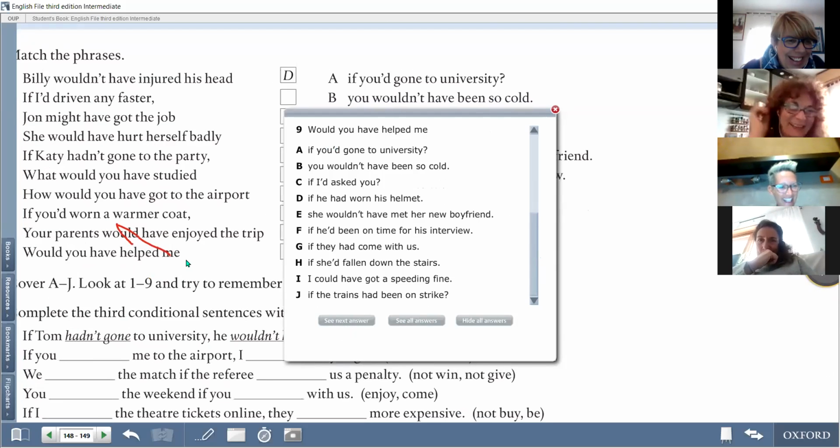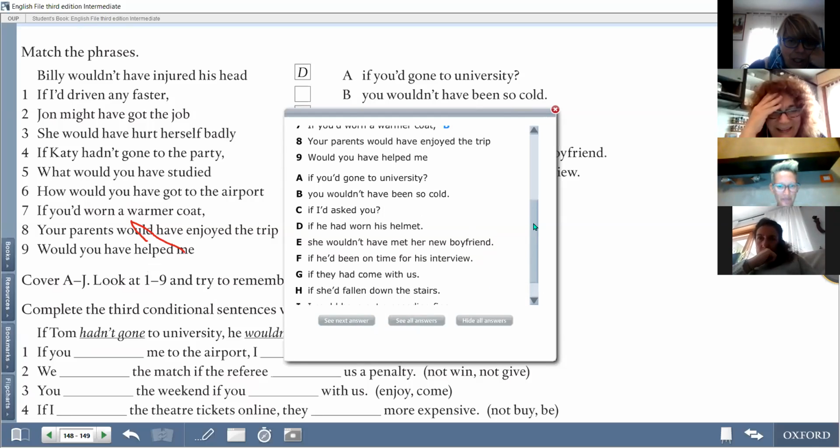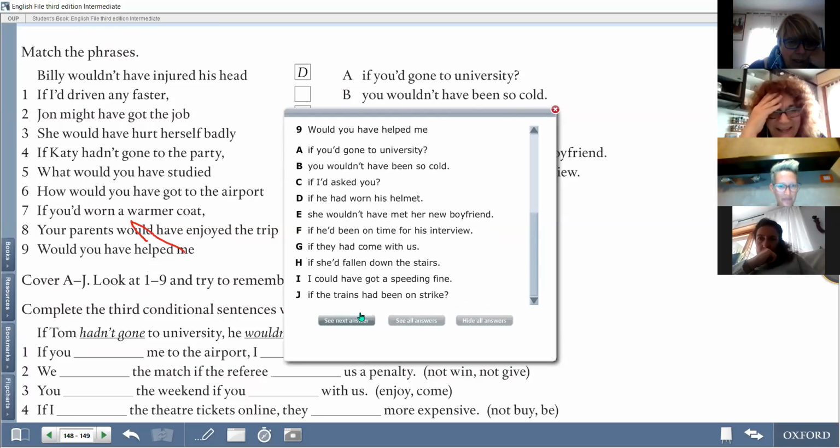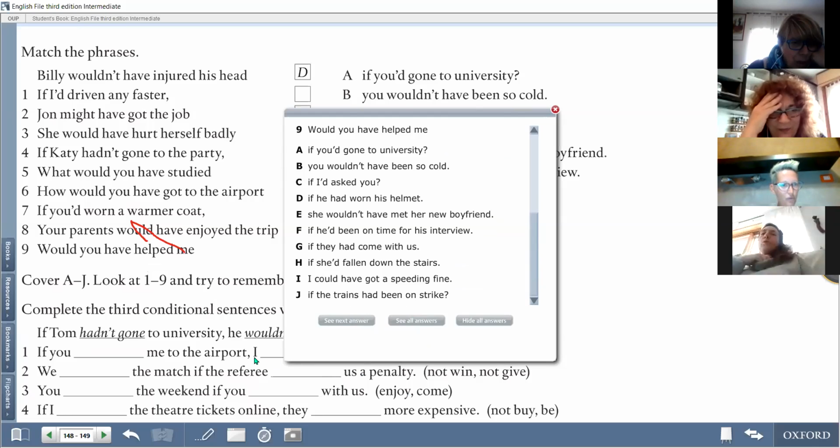Sorry. Your parents would have enjoyed the trip if they had come with us. If they had come with us, yes, it's G. I didn't put it. Okay. G, perfect.